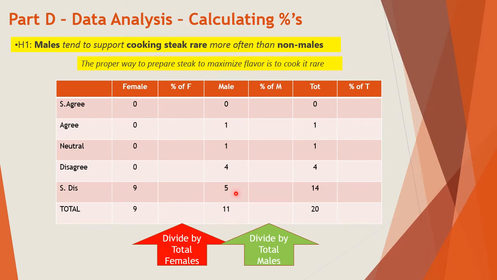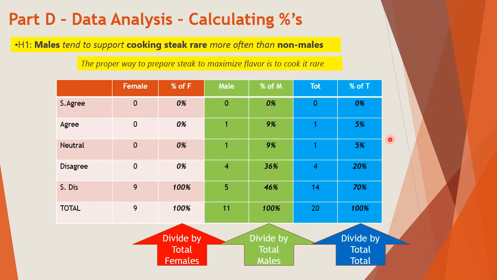There were 11 men that answered the survey. So 0 divided by 11, 1 divided by 11, 4 divided by 11, 5, etc. And then for the totals, we're going to divide by the total number of responses, which is 20. So 0 divided by 20, 1 divided by 20, etc.